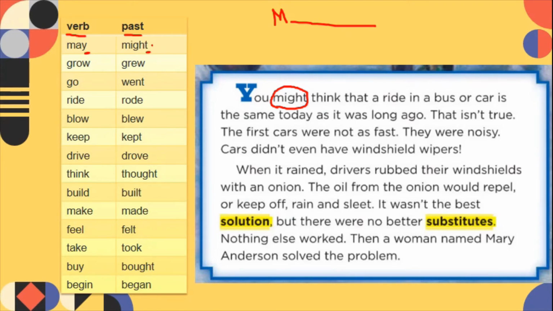It's just like an extra thing to do. There's no need to memorize these words. I just want you to keep a record of the words that we are going to read, and they are in their irregular past form. Okay, so in this paragraph, there is only the word may becomes might.